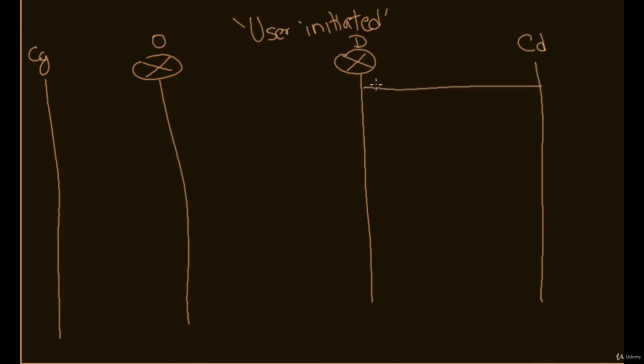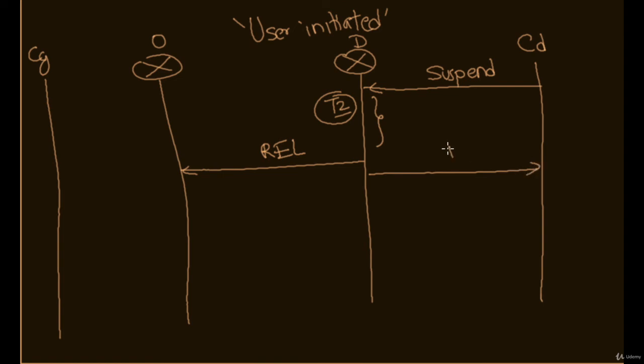It will send the SS7 suspend message to the destination exchange. Since it is the user initiated suspend, the timer T2 will start here at the closest exchange, and when this T2 has expired, the release procedure will start. It will send the release here and here.